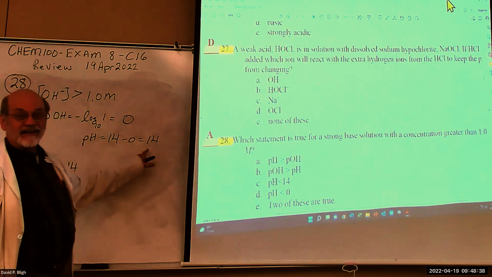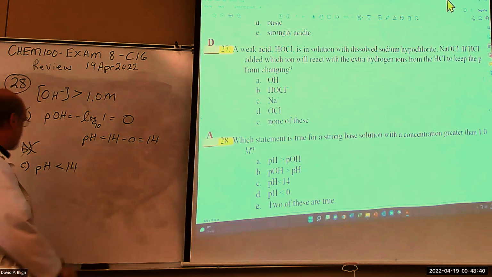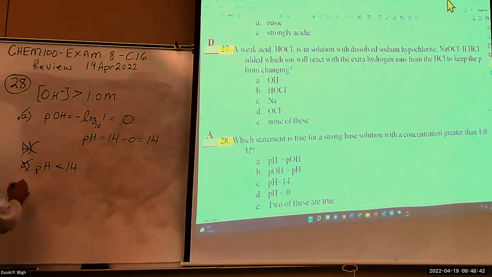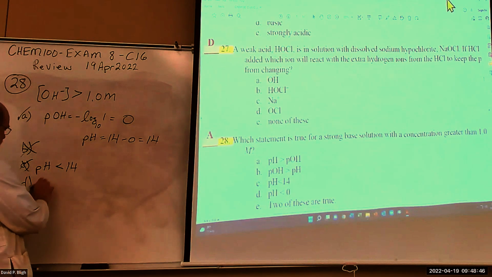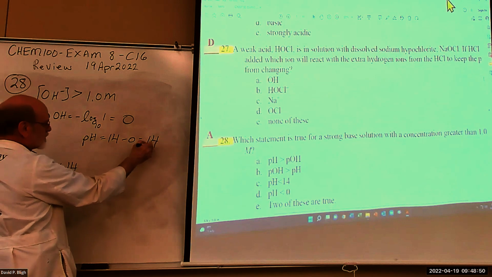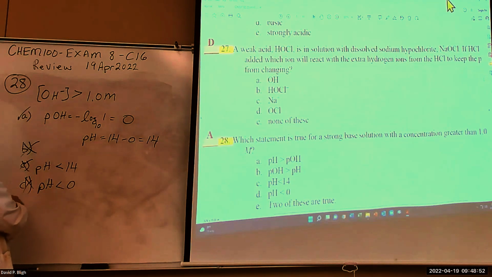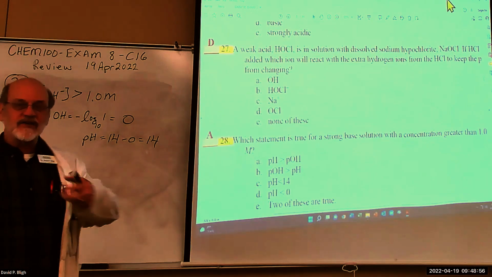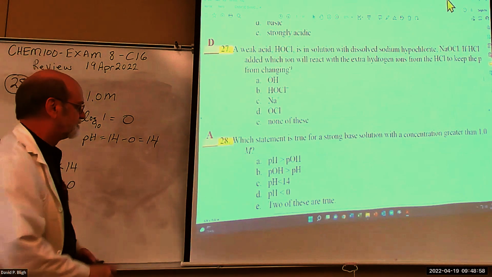No, pH is exactly 14. So C is wrong also. How about D? pH is less than 0. All right, we can't say that either. pH is much, much greater than 0. So E is false also. That means A is the only possible answer for this question.